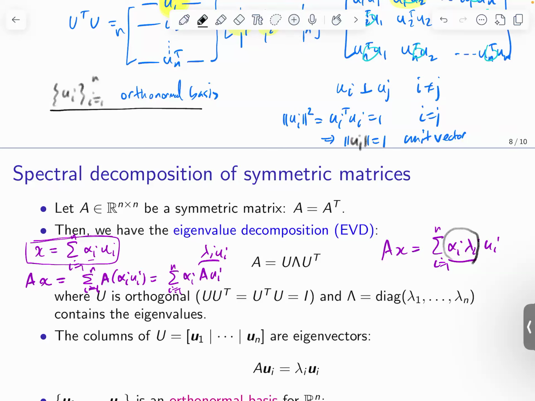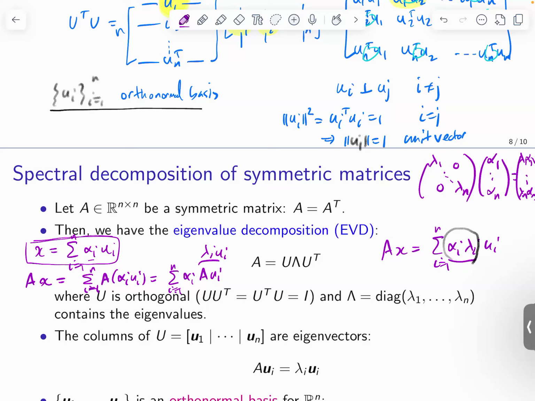If you think of the diagonal matrix Lambda and multiply it by alpha_1 up to alpha_n, you get these coefficients: lambda_1 alpha_1 up to lambda_n alpha_n. So we turn the action of the matrix into the action of the diagonal matrix. If you give me a diagonal matrix, I can easily compute what it does to a vector.